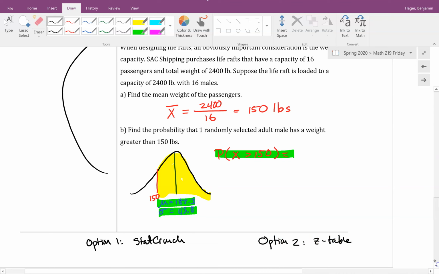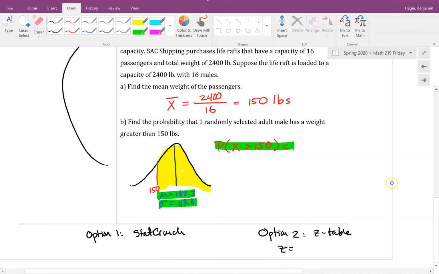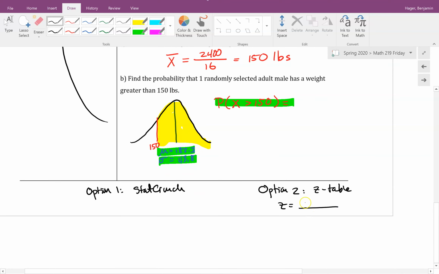If you want to use a z-table, remember you first have to find the z-score. A z-score is your data value minus the mean, over the standard deviation. In this case, I would get a z-score of negative 0.737. Once I find the z-score, I'm talking about the standard normal curve.